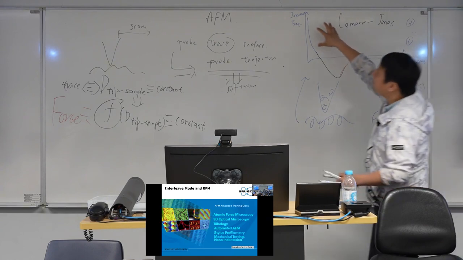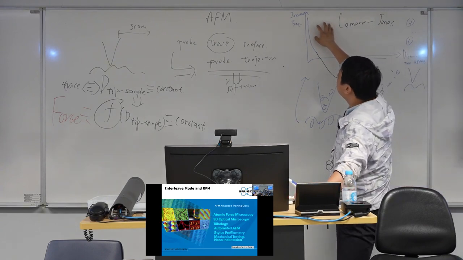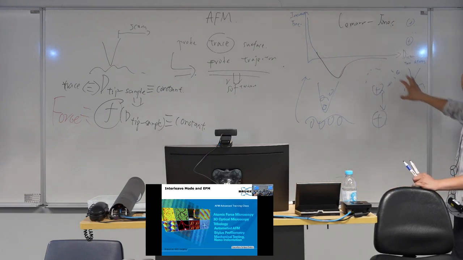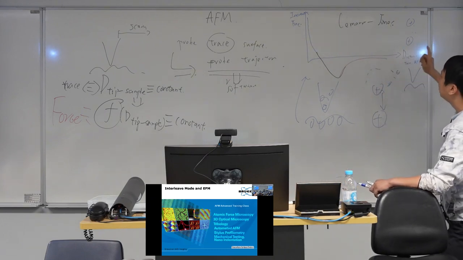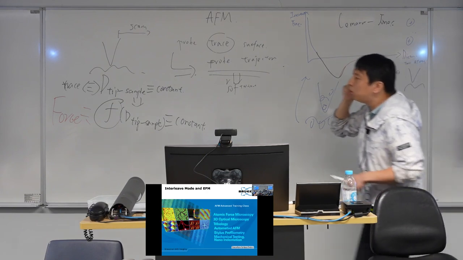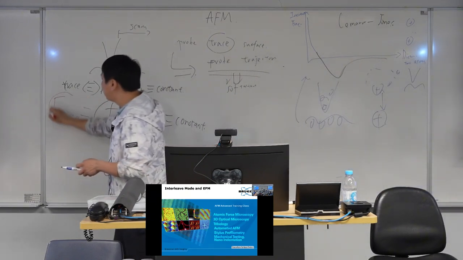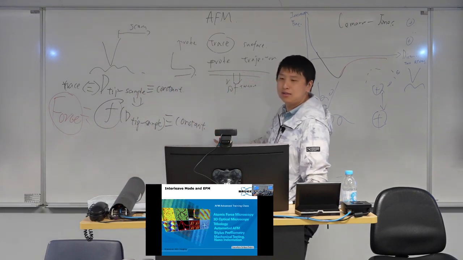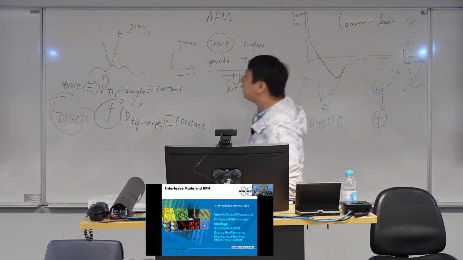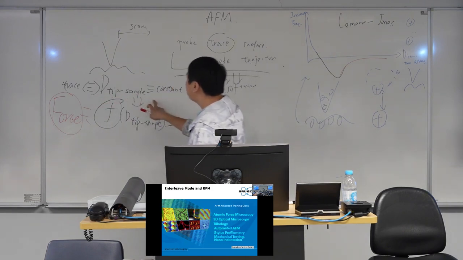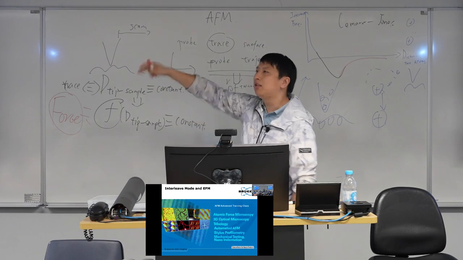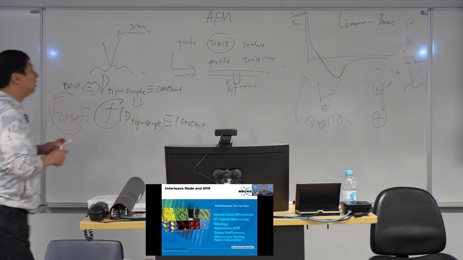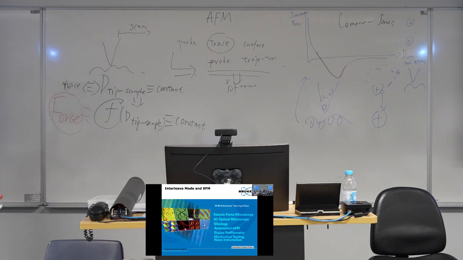No matter what, the interaction force between the tip and the sample is definitely a function of the distance. If we can measure the force and keep it constant, then the distance between the tip and the sample stays constant, and we let the tip move back and forth. We get the morphology done, right?